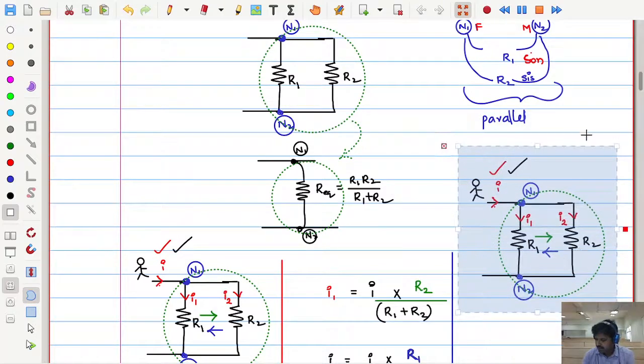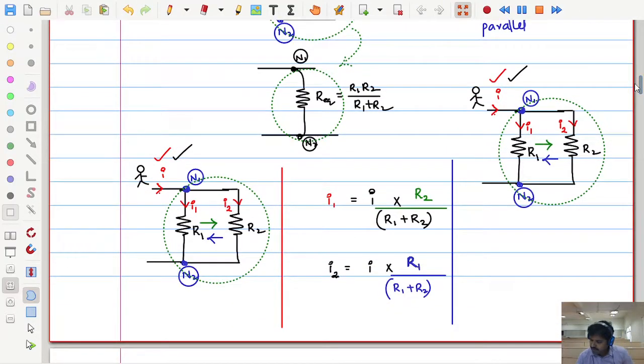Let us say one more case: let us invite your cousin and ask him to connect in parallel, who is R3. Now see how these are all connected. R1 is between N1 and N2, R2 is also between N1 and N2, R3 is also between N1 and N2. So these all are connected in parallel.